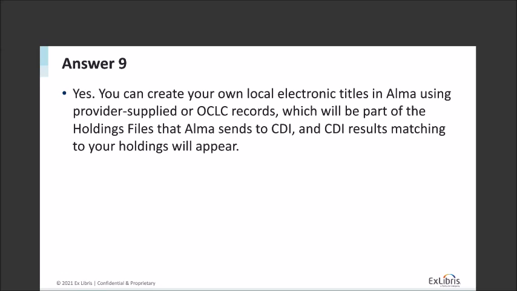So if the institution created a collection and a local electronic title using an OCLC record, even if it's not using the CZ title, it still has ISSN, coverage and all that we need in holdings files to calculate and check on CDI which records match this electronic title. And when we do the match, we can actually show them as available in the UI.